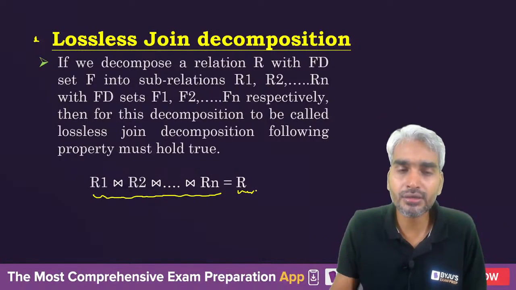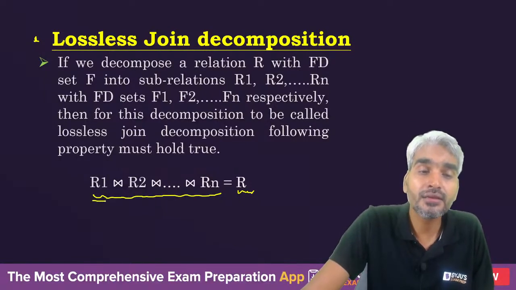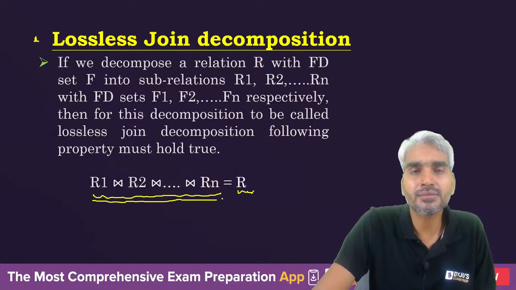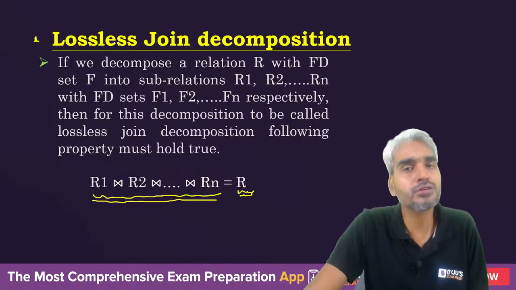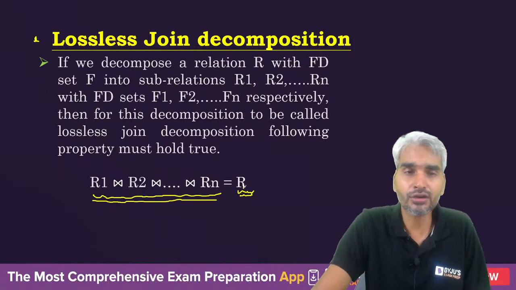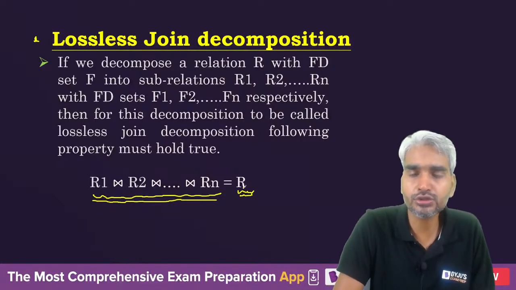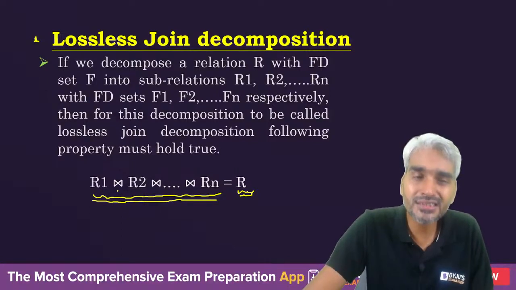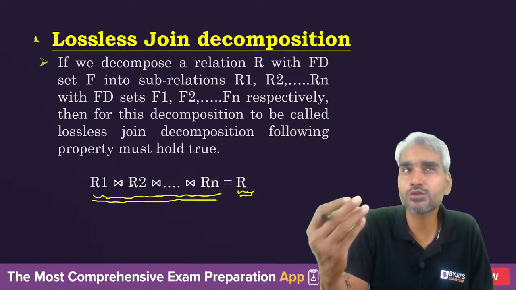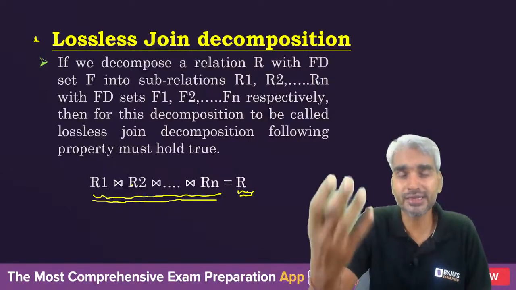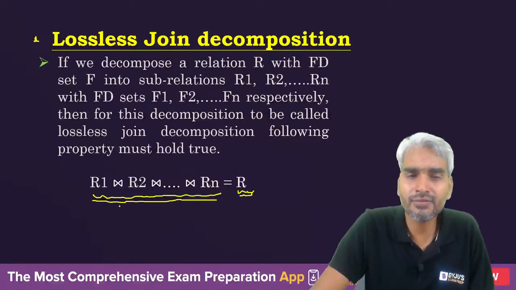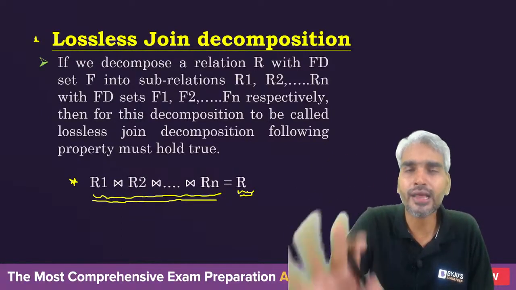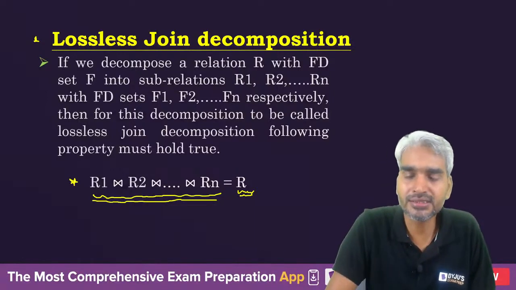You cannot have any extra tuple in the natural join of all these sub-relations compared to the tuples of relation R. We are not going to discuss lossless join decomposition today. Tomorrow we will discuss that it is commutative and associative, and the order and everything. For the time being, let's try to understand dependency preserving decomposition.